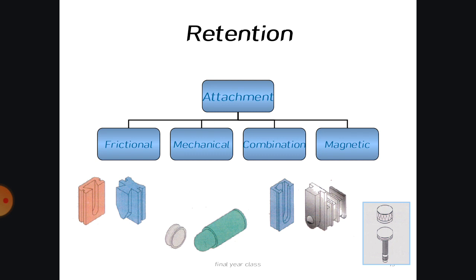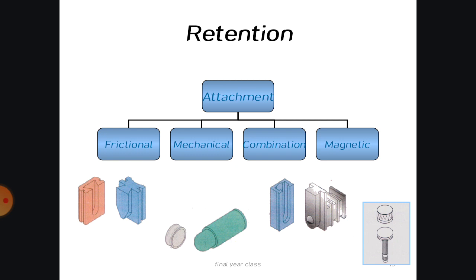For mechanical attachment, retention is provided by the presence of some kind of undercut which you create and utilize for mechanical retention, and the parts will be engaging into that undercut, and that will provide retention. So the presence of undercut is the mode of retention under a mechanical attachment.